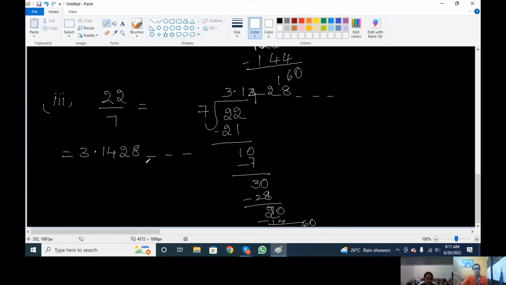And is there any repeated value after the decimal place? Any repeated number? No. So this is non-terminating, non-recurring. There is no recurrence of any decimal value. You got it, Aisha? This is non-terminating and also non-recurring.